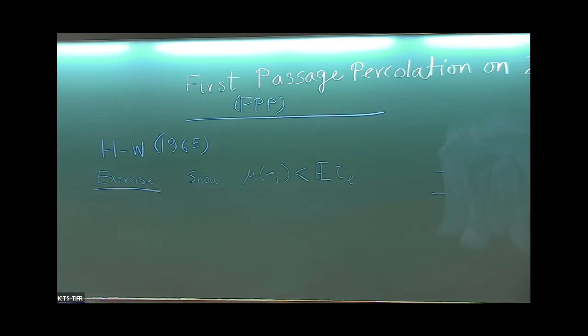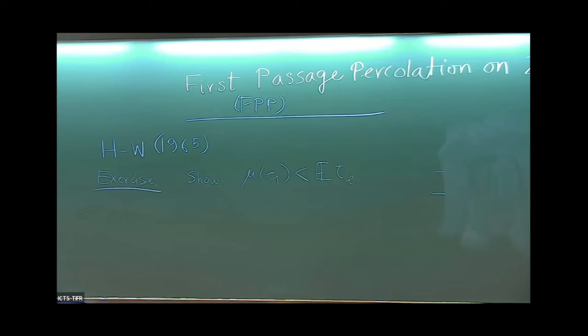So the idea is that if lots of the edges take value 0, then it should be possible to find a path from 0 to n times e1 that only uses sublinearly many positive weight edges. So in such cases, the limit constant mu e should be 0.